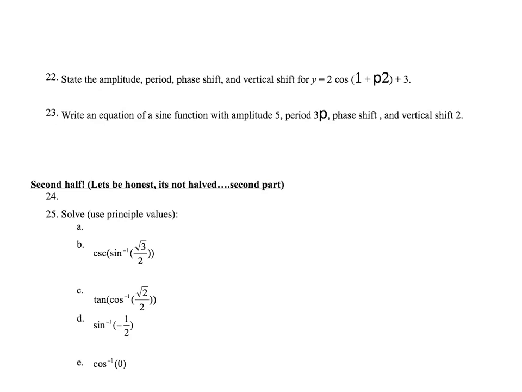All right, last one. I just want to talk about writing an equation. We have an amplitude of 5. It's a sine function, so it'll be 5 sine. Then I need to talk about my period, which is going to be 3 pi. So I'm going to set up a little equation here of 2 pi over k equals 3 pi.